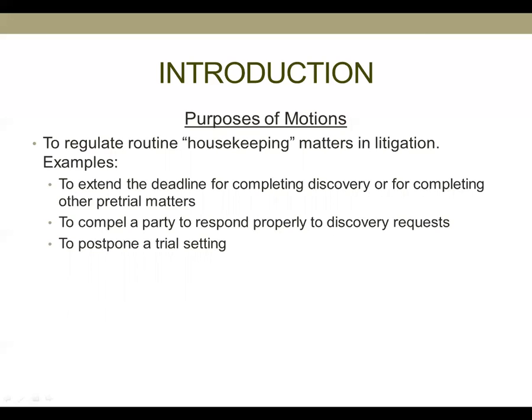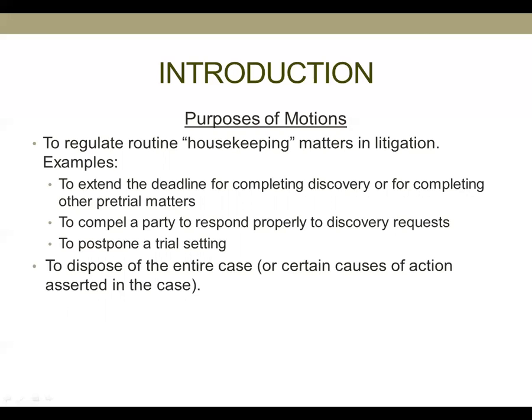And sometimes the parties may have a trial setting looming, but for whatever reason, they would like the court to extend that deadline or the trial date. And so they will file a motion asking the court to continue the trial. And that is a common type of motion as well.